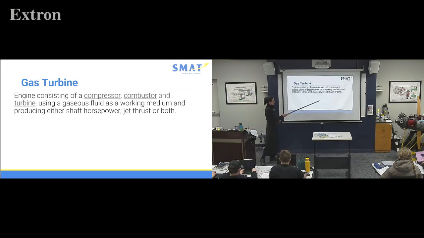So we're taking the energy into a shaft, either to the rotor or prop, or jet thrust for like on our Beechjet, or both. Now, what were four types of jet engines?